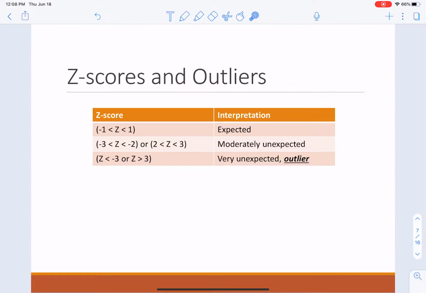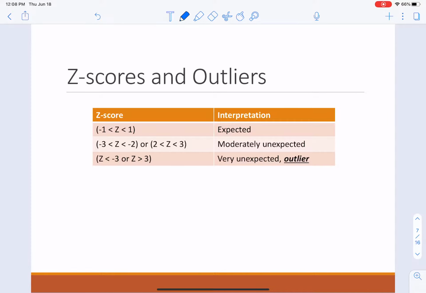I've got a picture on the other slide too, but if a z-score is between -1 and 1, it's normal, it's expected, right? It makes up 68% of the distribution between -1 and 1 on a standard normal, or on a z distribution, same thing. So -1 to 1, totally expected, right?